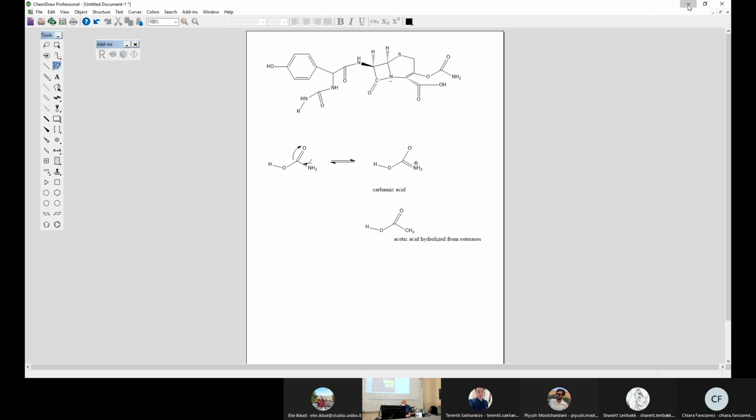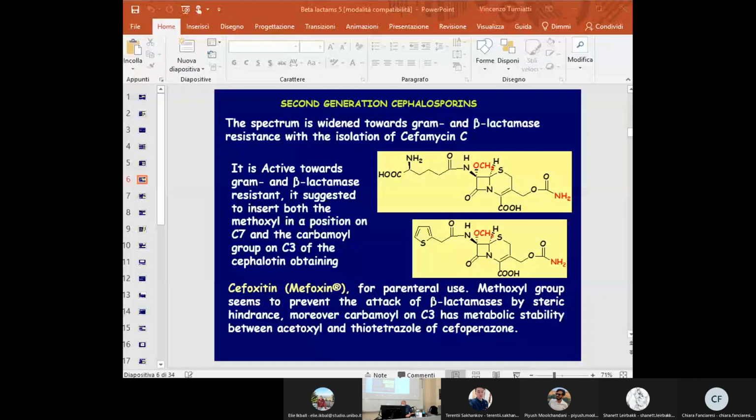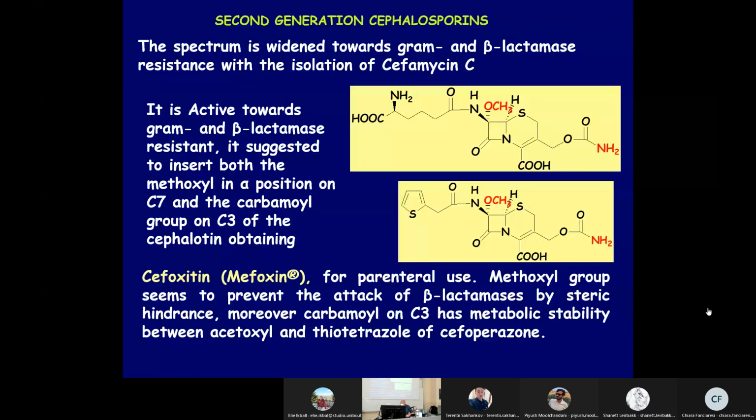You can see here, just a moment. The first prototype of the second generation cephalosporin was cefoxitin.